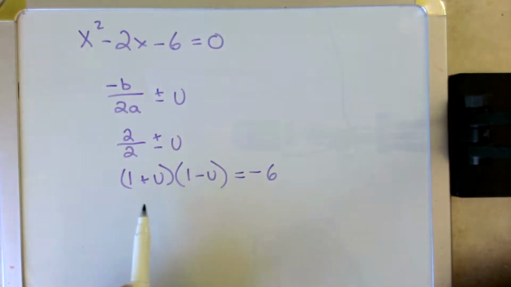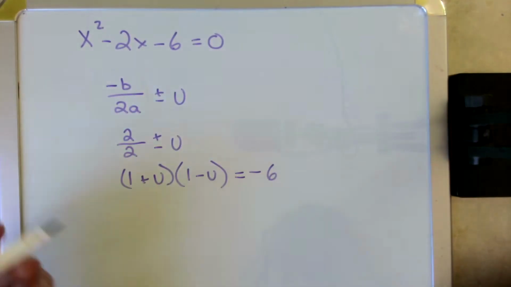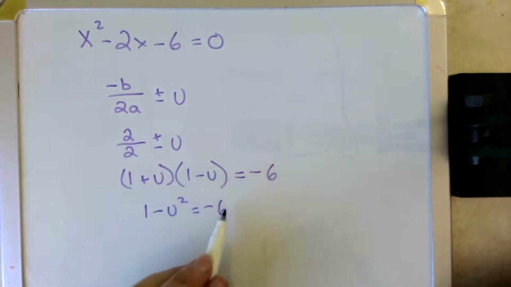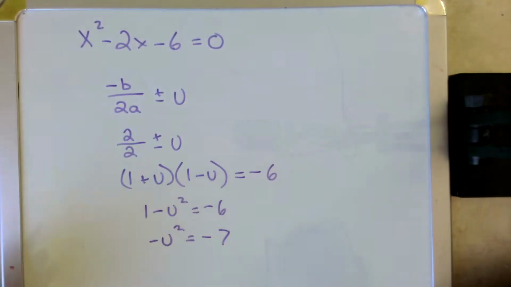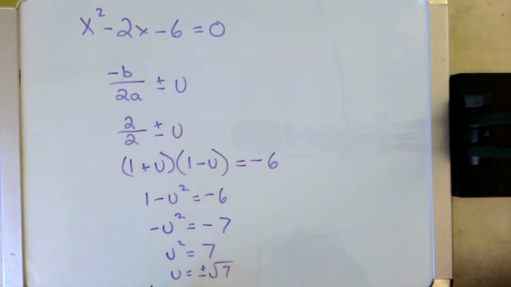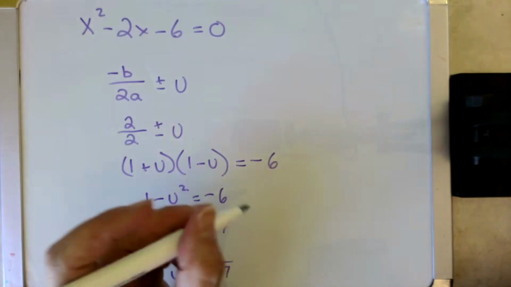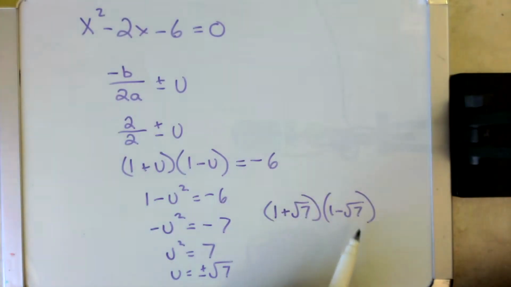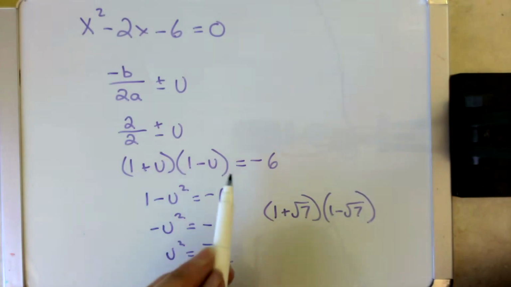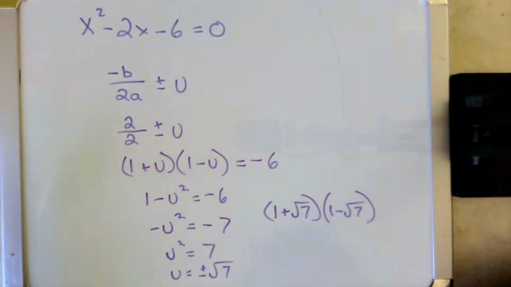Using the difference of squares, 1 minus u squared equals negative 6. Subtract 1 from both sides. So negative u squared equals negative 7. u squared equals 7. u equals plus or minus root 7. So our two answers are 1 plus root 7 and 1 minus root 7. And when you multiply them out, you get your c term, negative 6.